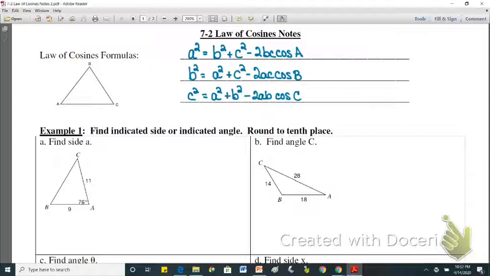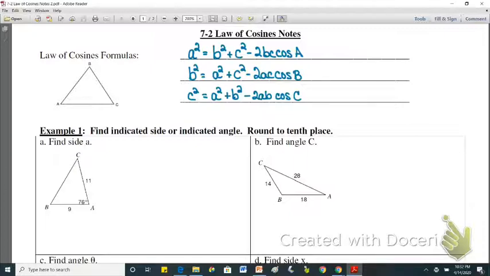You'll notice the three formulas I have written down. They are all basically the same. What letter it starts with, it always ends with, and the other two letters make up in between. This is a formula you're going to pick based on what you're trying to solve. So if I'm going to try to solve for either side A or angle A, I'm going to use the first equation.